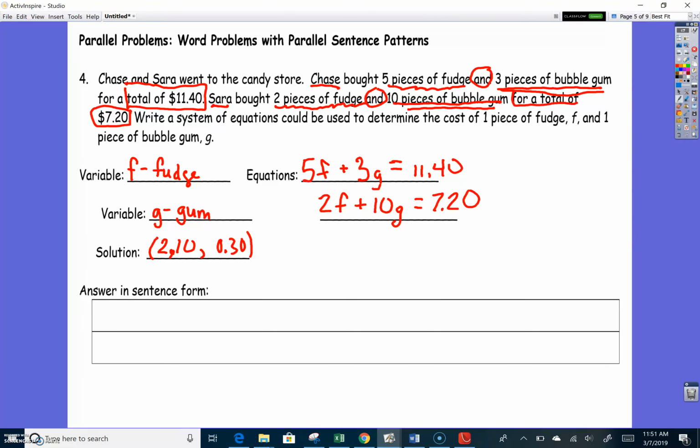So, a fudge costs $2.10 and a bubble gum costs 30 cents.